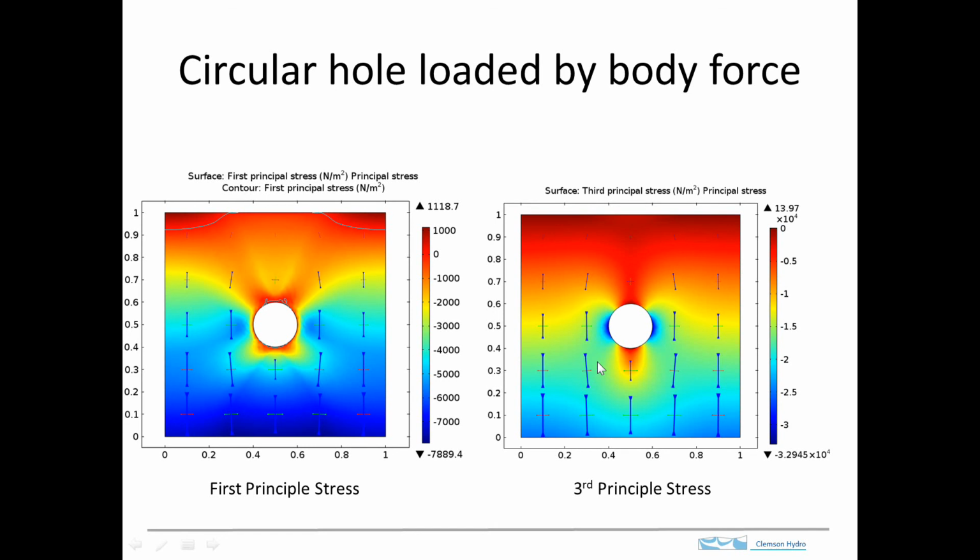If this was a tunnel, for example, then this large compression could end up causing some problems. The stresses can become concentrated here in the walls and cause deformation. And here we have some unloading of stresses in the roof and the ceiling.